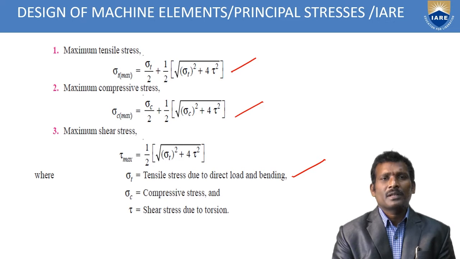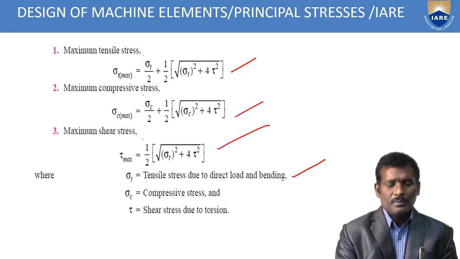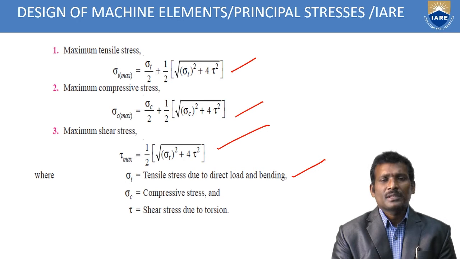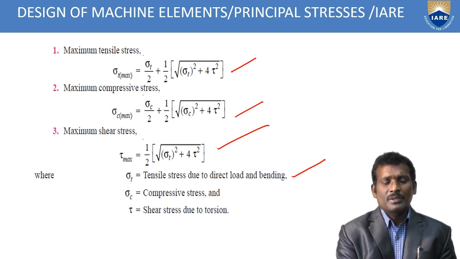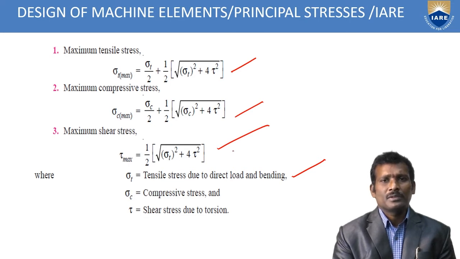The stress will occur due to the compressive load, and the tensile stress will occur due to the tensile load. Similarly, the maximum shear stress. Shear stress will occur due to torsion. The tau maximum is equal to half multiplied with the square root of sigma t square plus 4 tau square.